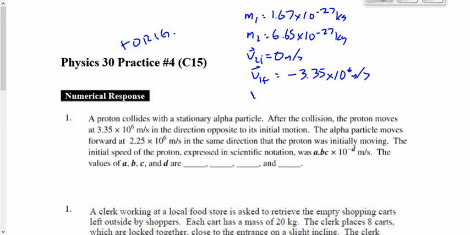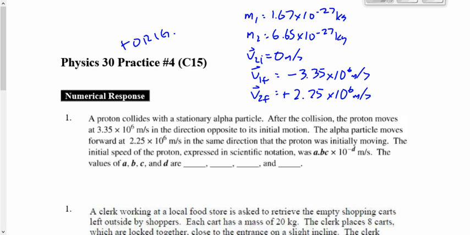So I'm going to say the alpha particle's final velocity, V2F, is 2.25 times 10 to the 6 meters per second. I'm going to make it positive because it's moving in the original direction of the proton. Make sense? In the end, of V1F and V2F, one of them's got to be positive, one of them's got to be negative. It doesn't really matter which one is which. This is the way that I chose to do it, and I'm going to be consistent with this through the whole problem.